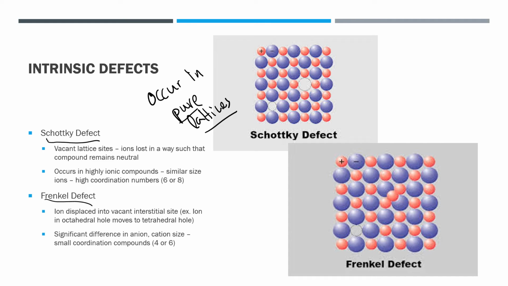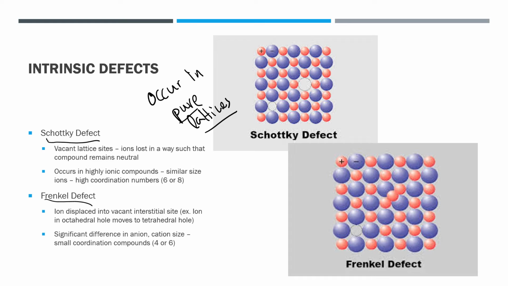In total, we have to have a neutral compound, so the removal of these ions is in a way such that we have a neutral compound after the removal, right? And this generally occurs in highly ionic compounds with similar size ions and with high coordination numbers of 6 or 8. So for example, NaCl.